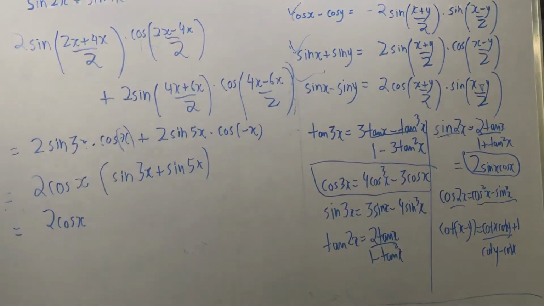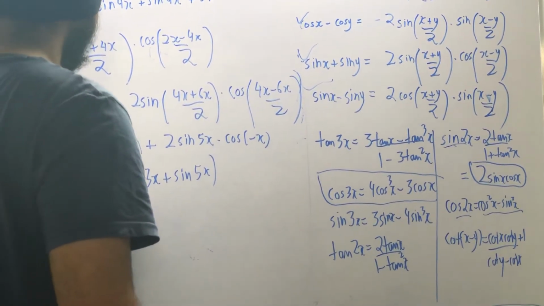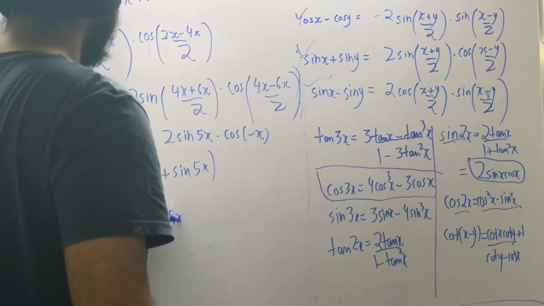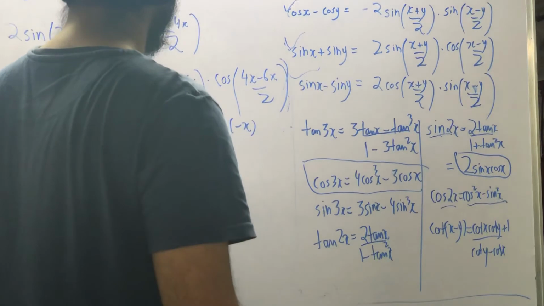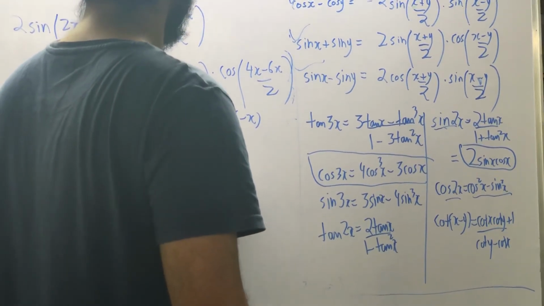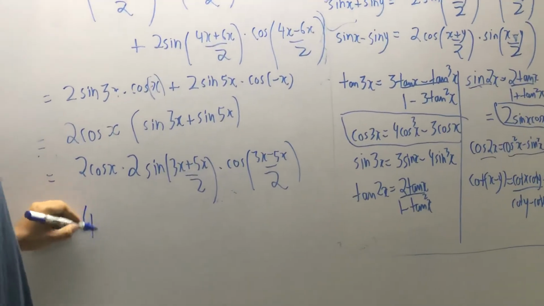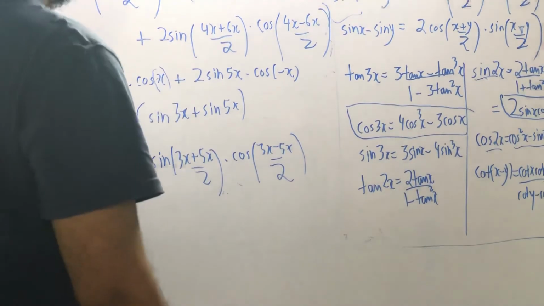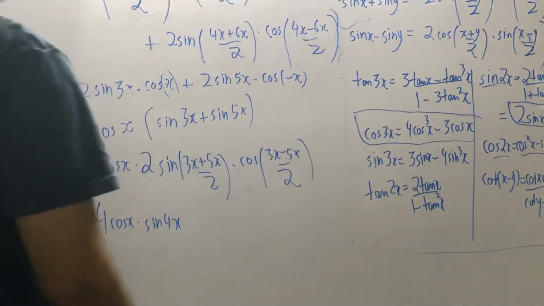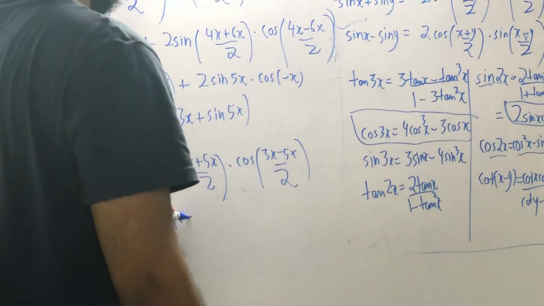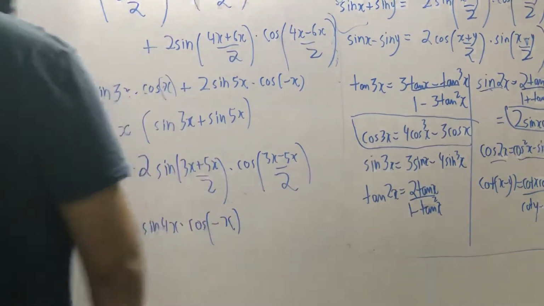So this will be 2 sin 4x into cos of 3x minus 5x upon 2, which is minus x, and cos of minus x is cos x.